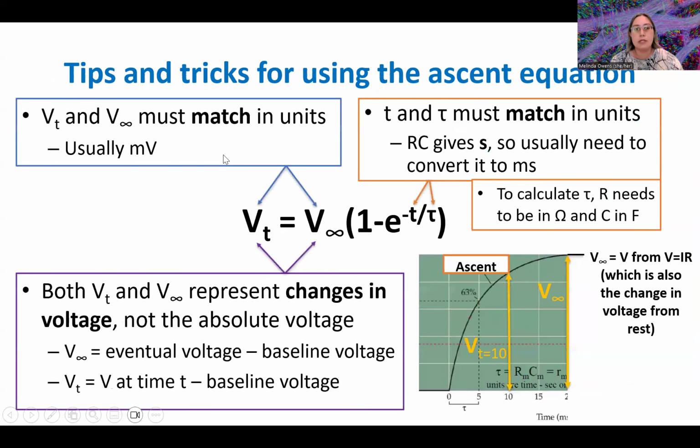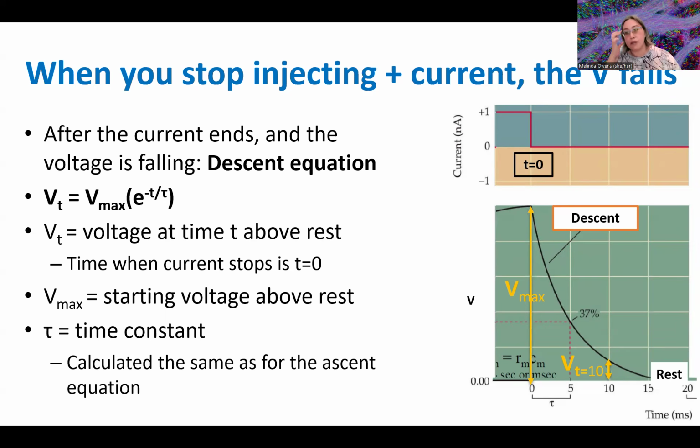Okay. So for the ascent equation, t equals 0 was when you started applying the current and it started rising. Here it's when you take away the current and the voltage starts falling. Okay. I just say this is a little bit tricky because sometimes there will be questions like, you applied the current for 5 milliseconds and then you took it away and it started falling, and it'll ask what happens a millisecond after it started falling.